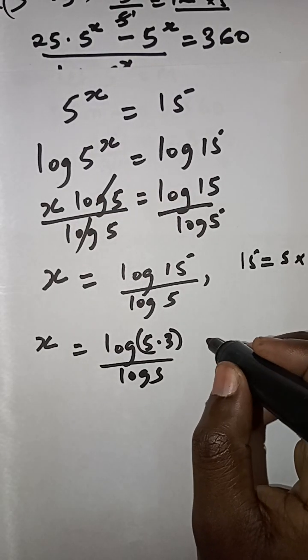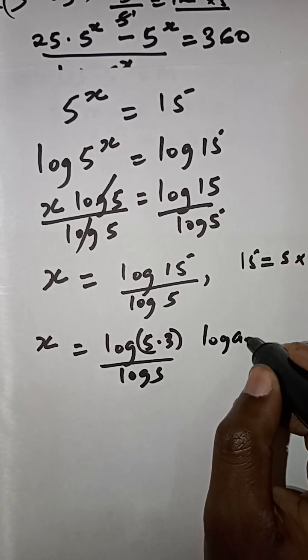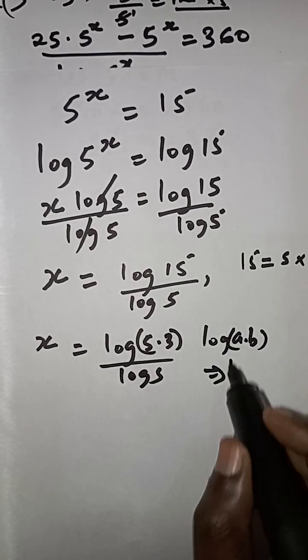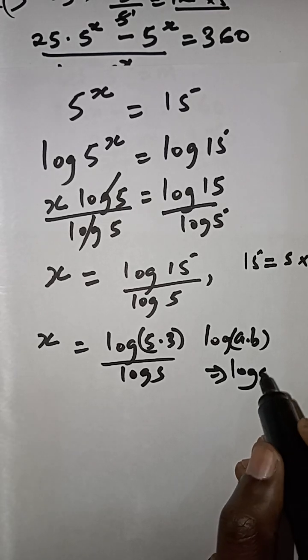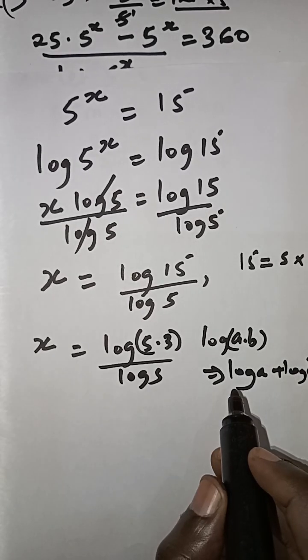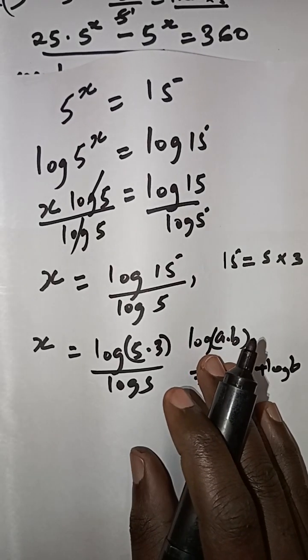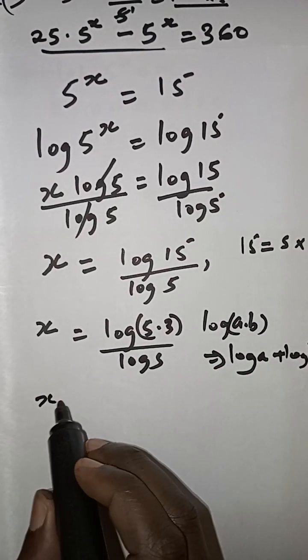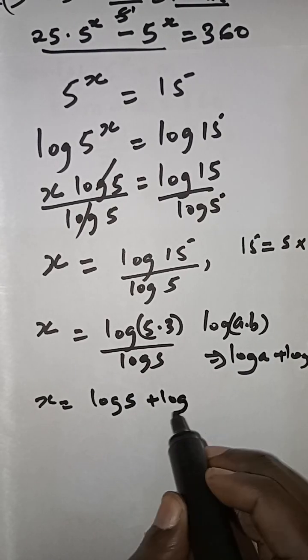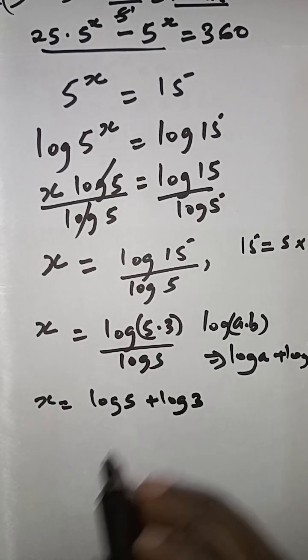And recall, when you have the log of a multiplied by b, then this is the same as taking the addition of log a plus log b. So x now becomes log 5 plus log 3, all over log 5, since the denominator was the same.